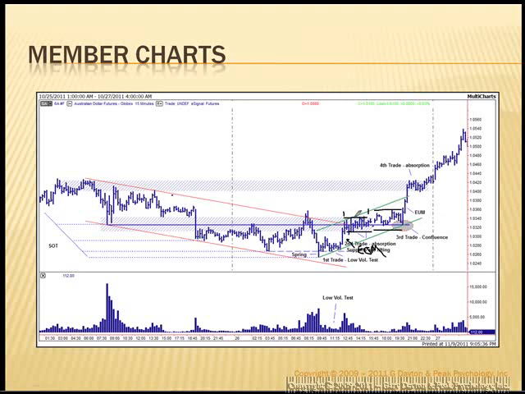This is a very nice example of absorption, where we see supply here, and we saw a lot of churning over here. Supply came in, and it's not a surprise that we're in this area. They're going sideways and absorbing the residual supply here. Okay. When I say we have residual supply, what do I mean?